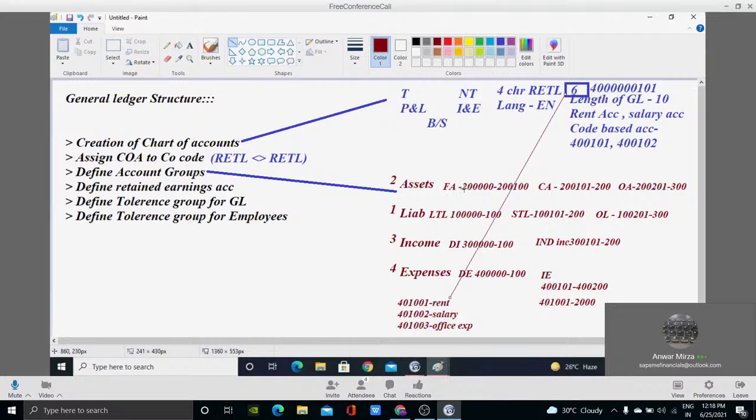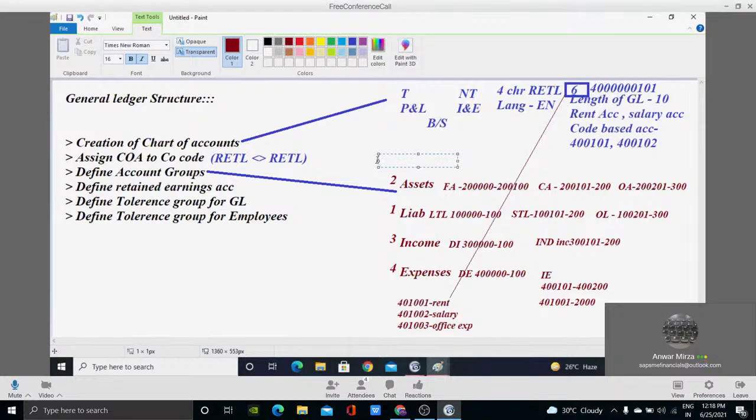Honestly speaking, 10 characters is nowhere required in account global. If each and every group has hardly 200 accounts, or 500, or 1000 accounts, why do you need to go for 10 characters? Do you understand the meaning of 10 characters?